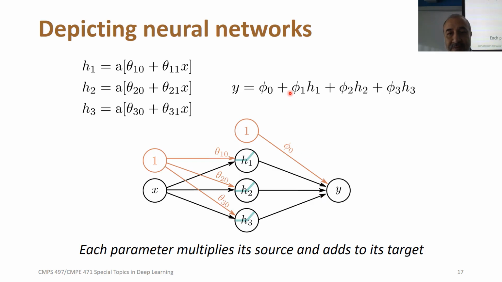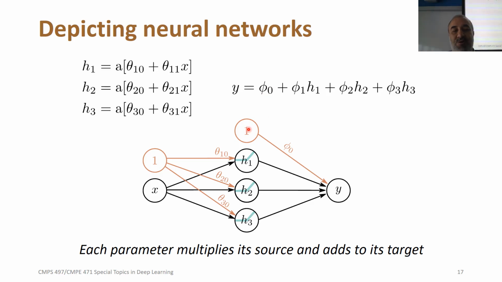This is the part from here to here. But then we need to add this also. So to make it general, we just multiply it by 1, so that it looks like we are always multiplying the weight by the source and adding it to the target. To make it constant like that, we multiply by 1.